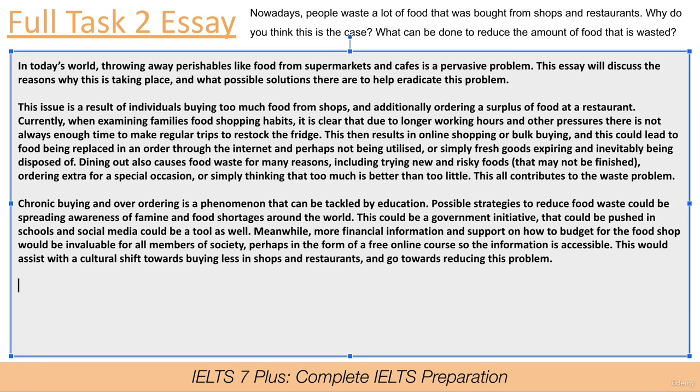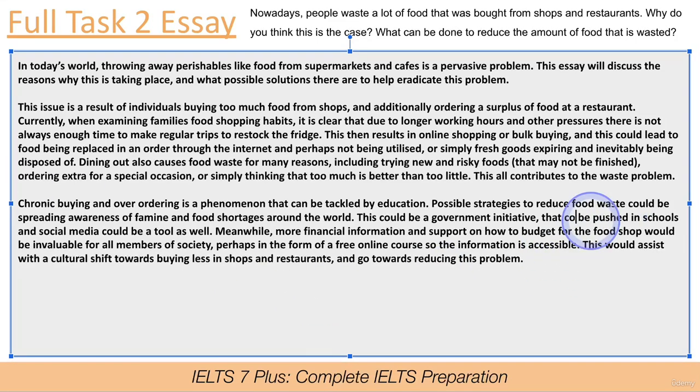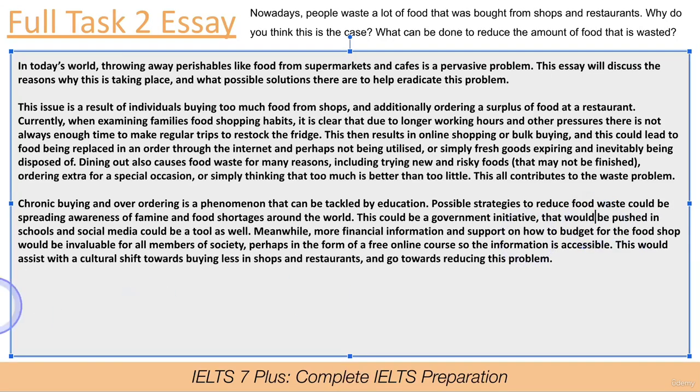Chronic buying and over-ordering is a phenomenon that can be tackled by education. Possible strategies to reduce food waste could be spreading awareness of famine and food shortages around the world. This could be a government initiative that would be pushed in schools and social media.